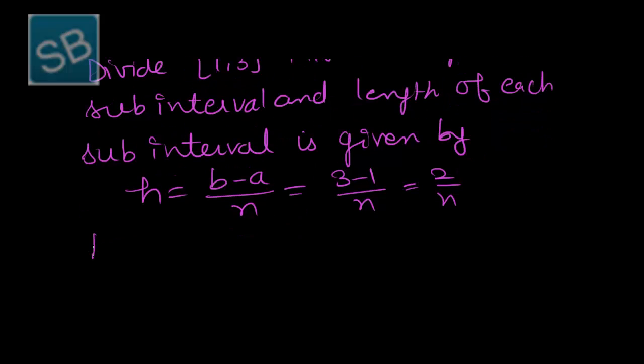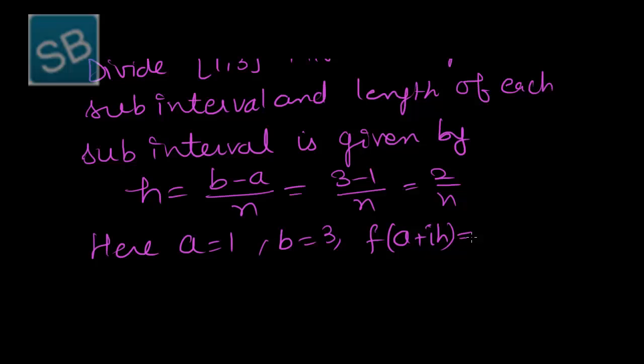As we see here, a is 1, b is 3, and f of a plus ih is equal to f of 1 plus ih, that is x, that is 1 plus ih.